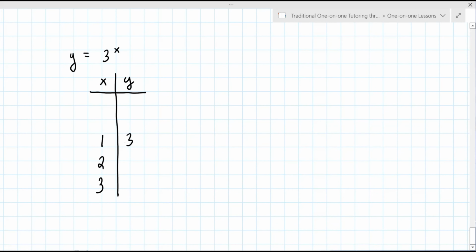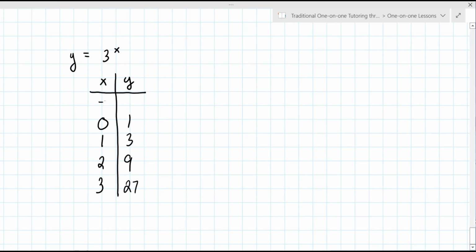Good. 2 would be 9. Very good. 3 would be 27. 27. How about 0? That would be 1. Good.